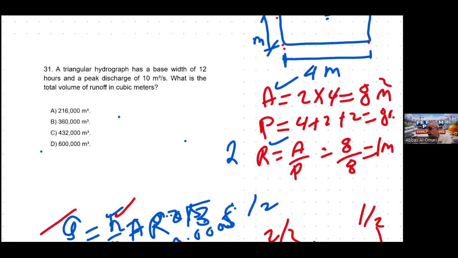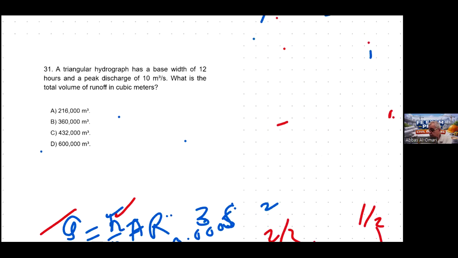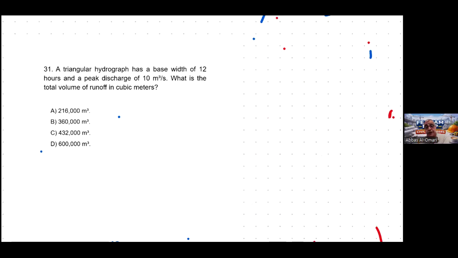A hydrograph is the relationship between time and runoff.